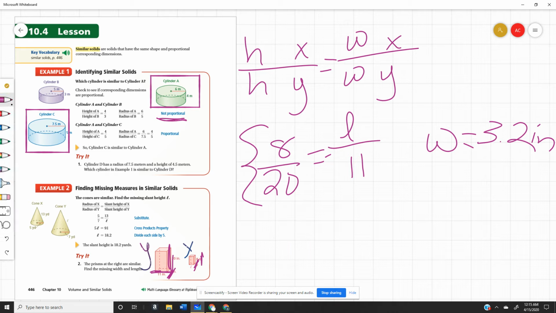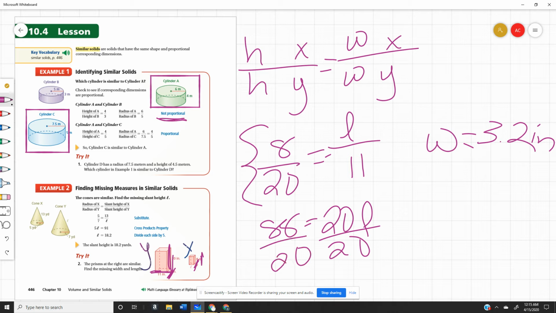And then I'm going to do that same cross multiplication. 8 times 11 is 88. 20 times L is 20L. Divide by 20. Length equals 88 divided by 20, 4.4 inches. So I found my width and my length using that proportional relationship. And those answers are right. I did check them.